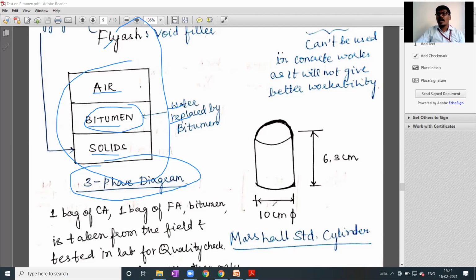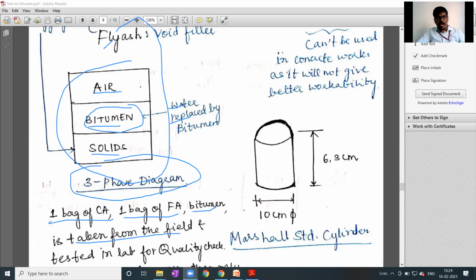Coming to sample preparation, we need one bag of coarse aggregates for strength, one bag of fine aggregates, and bitumen. Coarse and fine aggregates you can easily get from anyone who supplies aggregates, whereas for bitumen you need to approach a road construction site where work is going on.